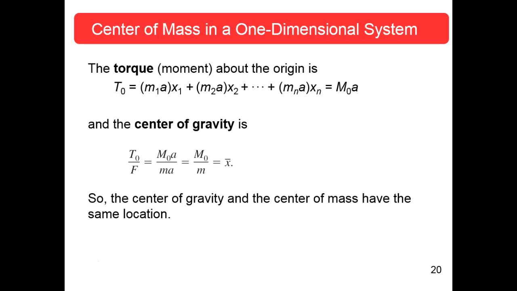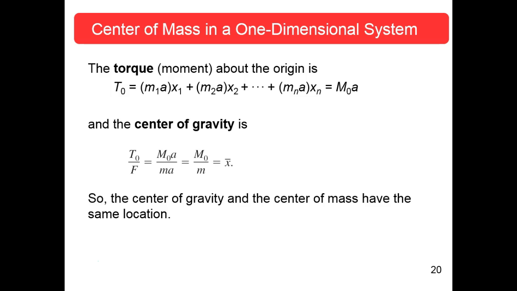Now, torque. We talked about it before. That is sort of a twisting force type thing. That's your moment times your displacement. Well, actually, force times the displacement, because M1A is a force, so that's a force times the displacement, and if you divide that by the force, then you have the center of gravity, not center of mass, center of gravity.